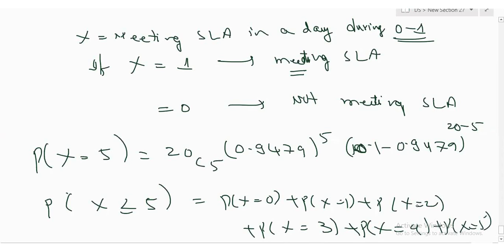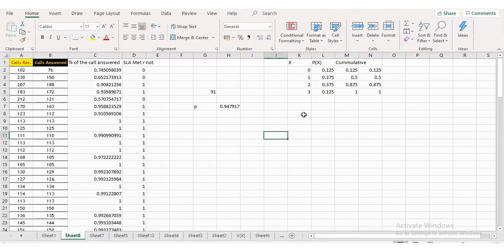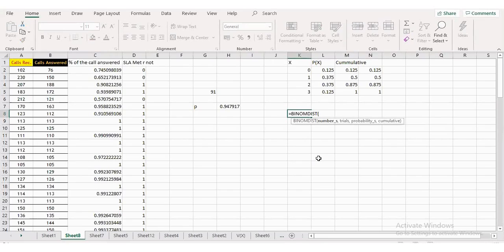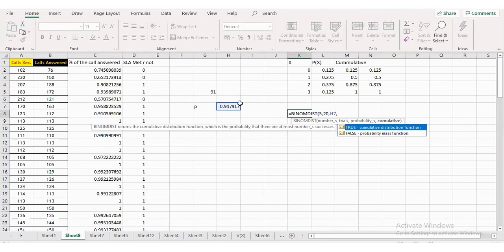Let us calculate that in Excel. I can use BINOM.DIST. How many days? 5 days, out of 20 days. Probability is this, meeting the SLA. Here, do I want the cumulative distribution or not? Up to 5 days, right?